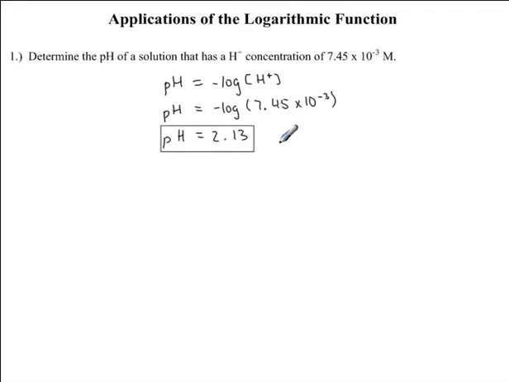Now let's look at another question that is very similar. This question asks us to determine the hydronium ion concentration of a solution with a pH of 5.71. Once again, we're going to use our equation for pH.